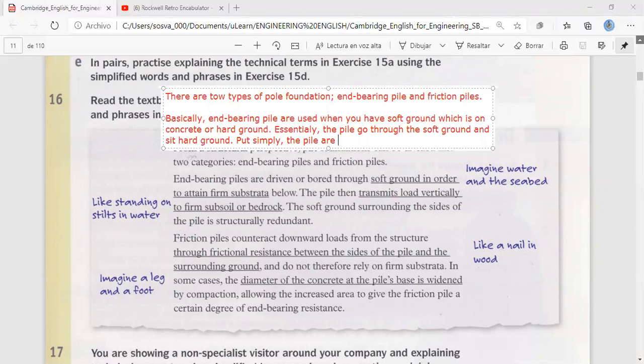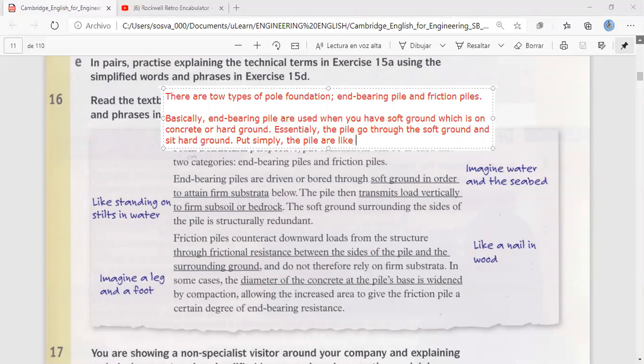Are kind of structural. The piles are on the hole, or the piles?